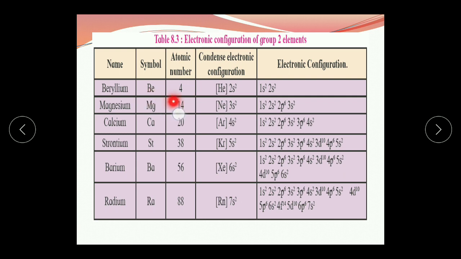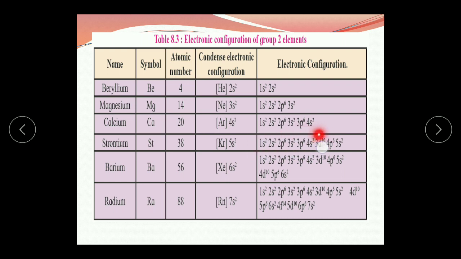Beryllium, 4: helium in the square bracket 2s2, or 1s2 2s2. Magnesium, 12: 1s2 2s2 2p6 3s2. Up to 2p6 it is neon, 10, then 3s2. Argon, atomic number 18, is 1s2 2s2 2p6 3s2 3p6, then 4s2.